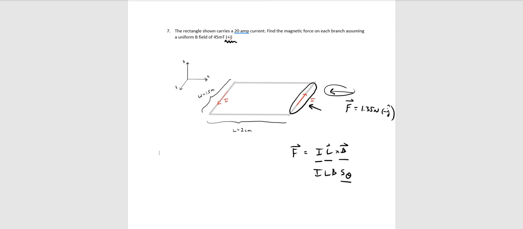Now don't forget to do a direction. So remember the magnetic force, IL cross B. So your fingers go parallel to this vector, so they go this way. Rotate till you can sweep towards the magnetic field, which is in the plus I direction. That will give you the magnetic force direction. This is what I got right there. So confirm when you work it out, and don't forget to do the other 3 branches.